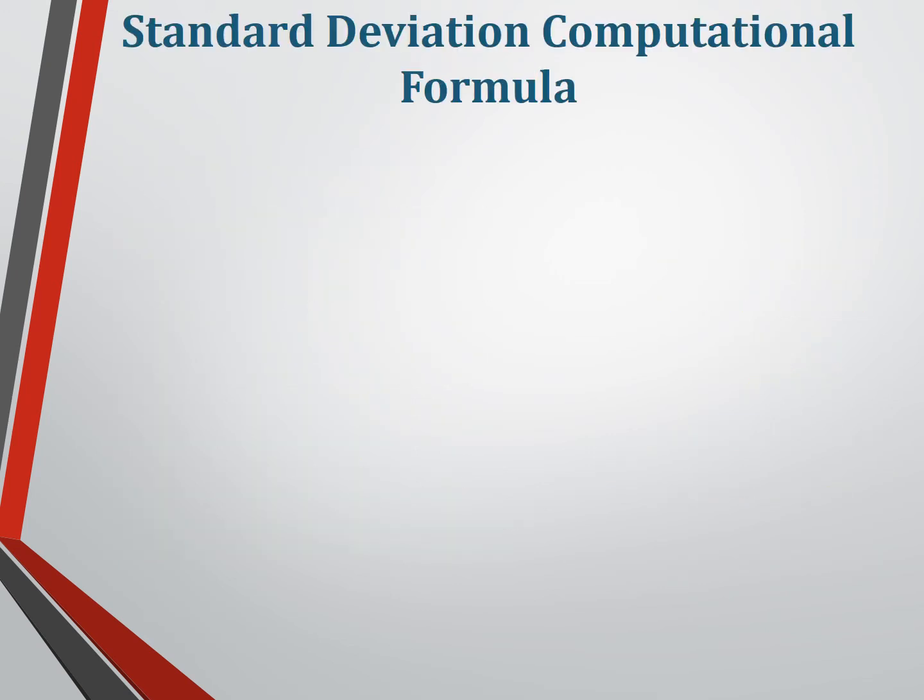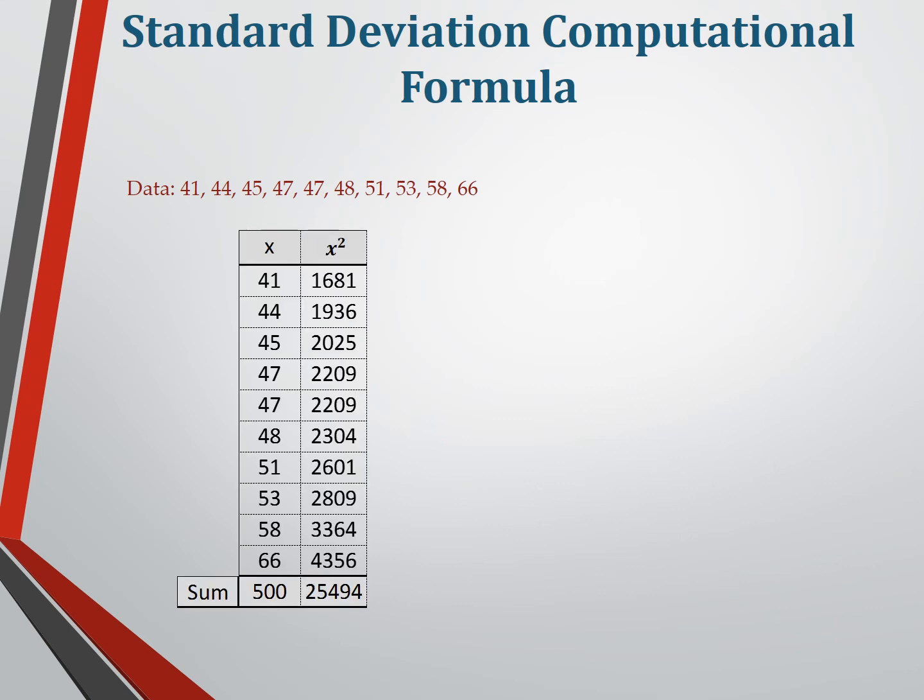Okay, so now we're going to do the exact same problem, but this time we'll use the computational formula. So we need to create two columns, x and x squared. Here's our data, exact same data as in the preceding problem. So let's create these two columns, x and x squared. Not only did we create the two columns, but if you'll notice at the bottom, I wrote the word sum and I added up the totals for each of the two columns.